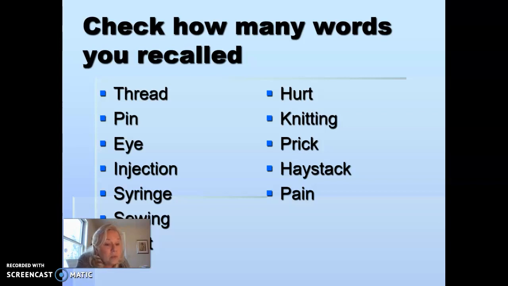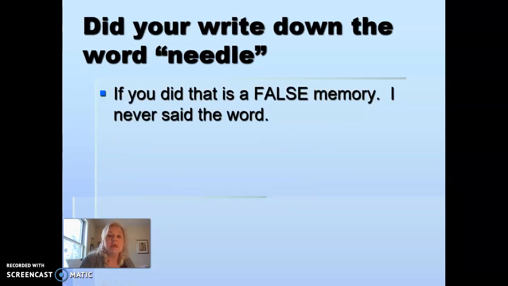Now, were there any words that weren't actually there that you wrote down? My guess is that most, if not all of you, wrote down the word needle. In my classes, it is shocking how many people write down the word needle, because I never said the word. If you did write this down, then you have created in your mind a false memory.